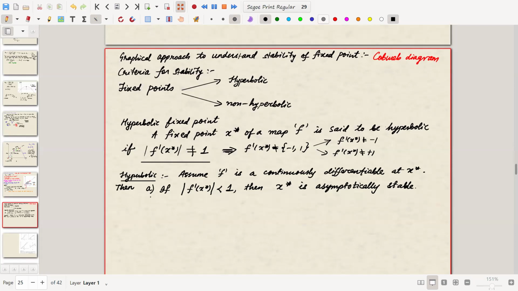Don't need to worry about asymptotically stable. That we will cover later. Just know that if the derivative of the function f evaluated at the fixed point x star is less than 1 in absolute value, then the fixed point x star is stable. It should lie in between -1 and 1.